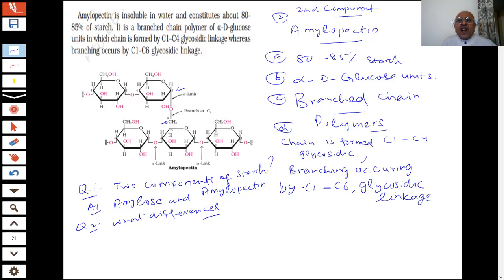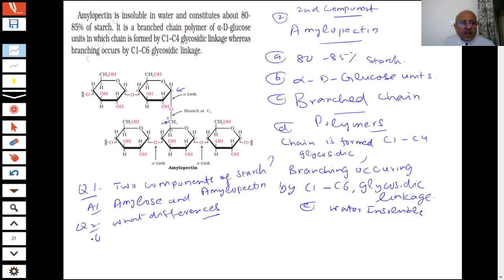That was only about 15%, this is 85%, and this is water insoluble. Another important thing: amylose is water soluble, amylopectin is water insoluble. Amylopectin is branched, this is unbranched. Very important point. This difference is asked so many times.